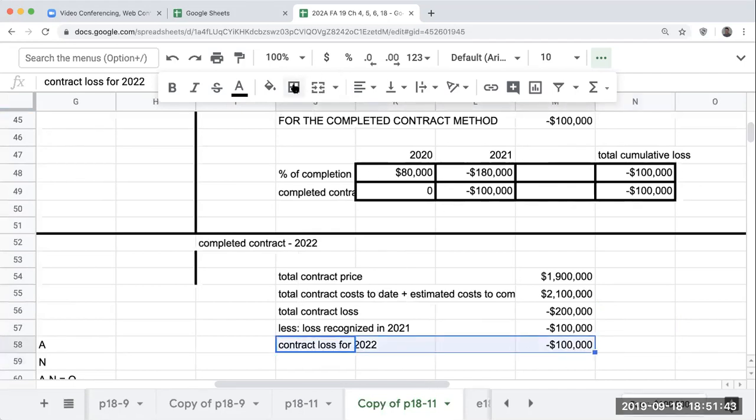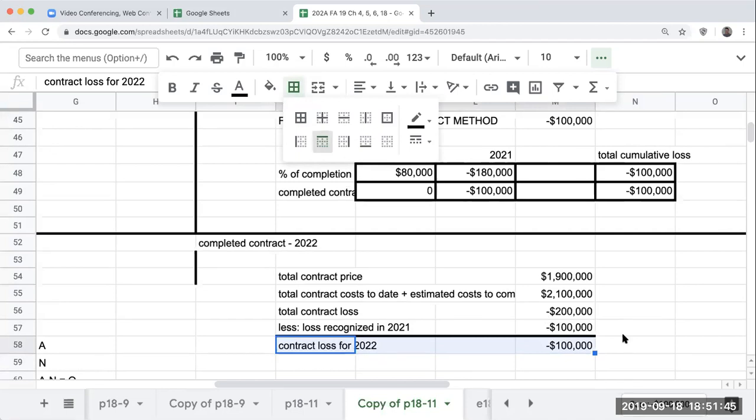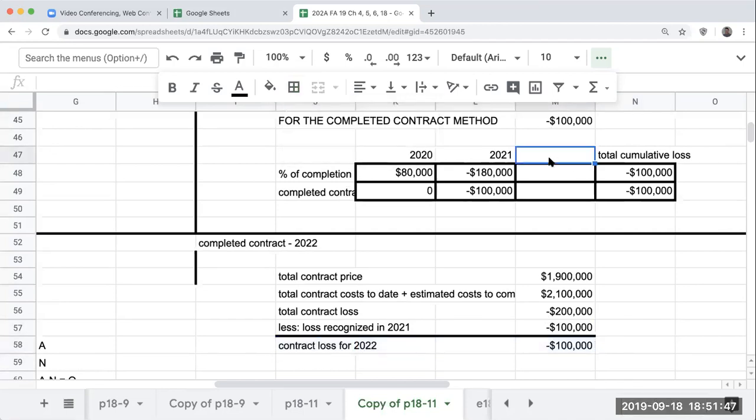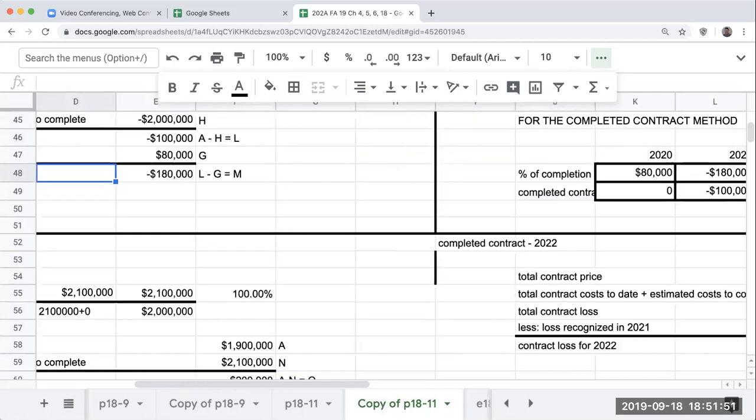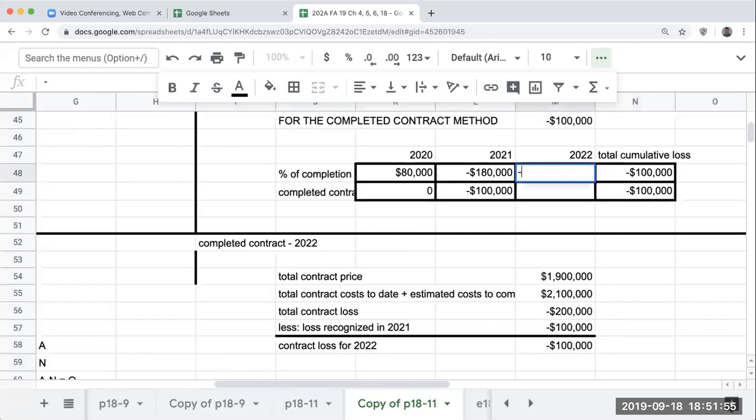So if I update my chart, in 2022 I took a loss under the percentage of completion of another $100,000. And then for my completed contract, it was another $100,000.